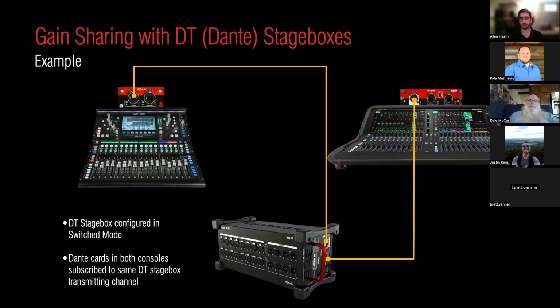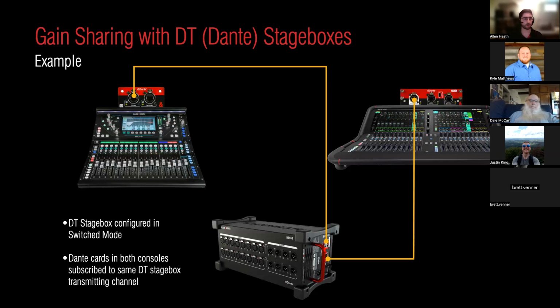So here's an example of how you could set that up. In this case, we have an SQ with the SQ Dante card and an Avantis with this DLive or Avantis Dante card. And they're both connected to a DT stage box. In this case, the DT stage box is configured in switched mode. What that means is that the primary and secondary Dante ports on this DT can actually go to two separate places. It acts like a network switch.